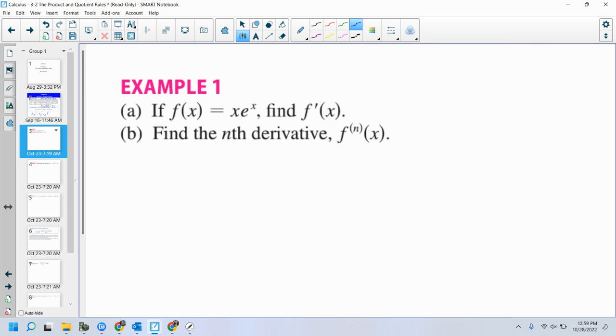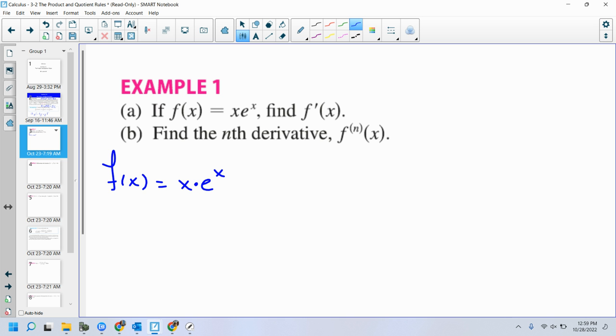For example, take a look at this. Our function is f of x is x e to the x. Do you notice how we've got two different types of functions? We've got a linear and an exponential multiplied by one another. This is a basic example of the product rule.